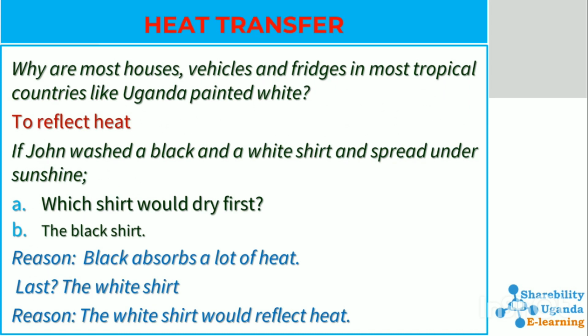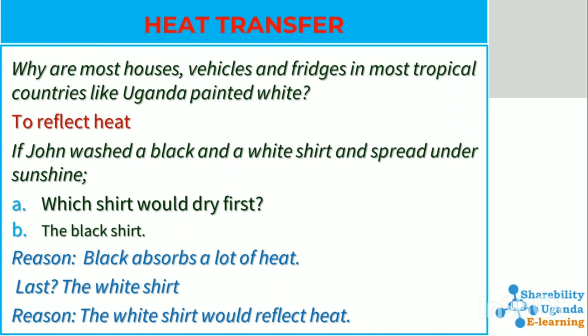We have a question here: why are most houses, vehicles and equipment in tropical countries like Uganda painted white? Remember, tropical regions are regions that receive a good amount of sunshine throughout the year.